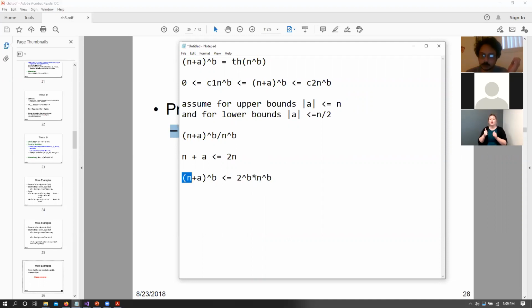This equation is weirdly similar to the part that we need to prove, that is (n plus A) to the power of b is less than or equal to C2 n to the power of b. So in this situation, we can say that C2 is 2 to the power of b.